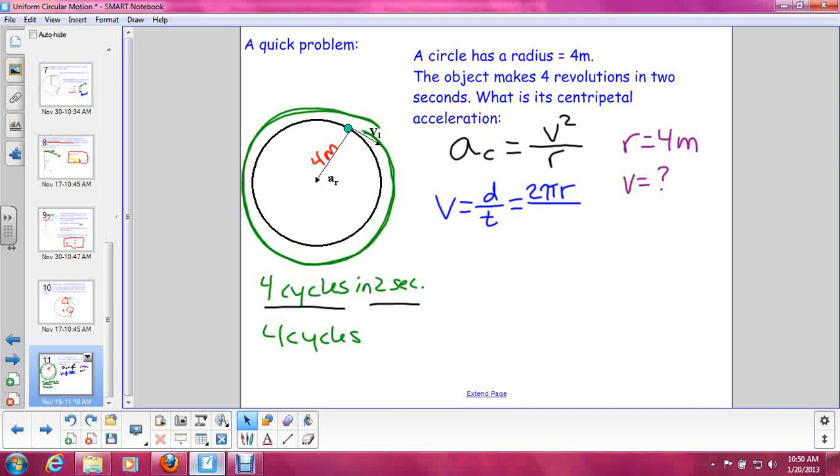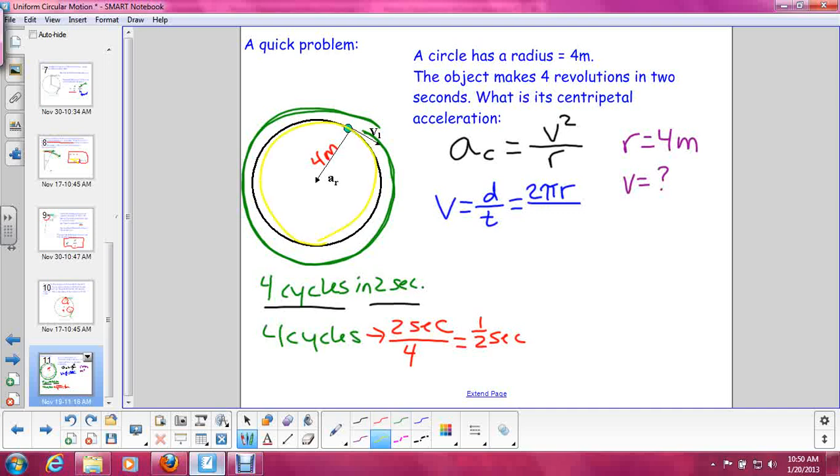And that took 2 seconds. So then if we take 2 seconds and we divide that by 4, that means 1 revolution is going to take half a second, right? If we count, it goes half, 1, 1.5, 2. 4 circles in 2 seconds. So that means the time it takes to go around, going back to our velocity equation over here, is 0.5 seconds.